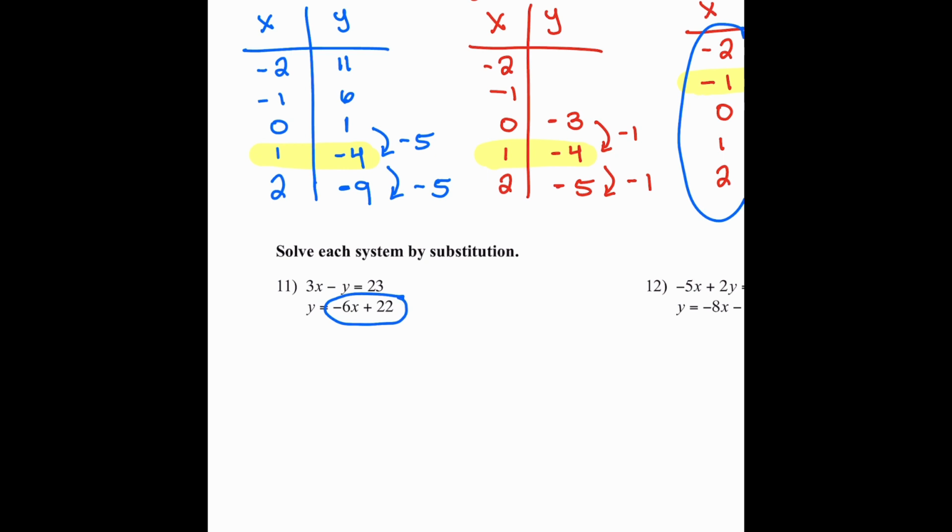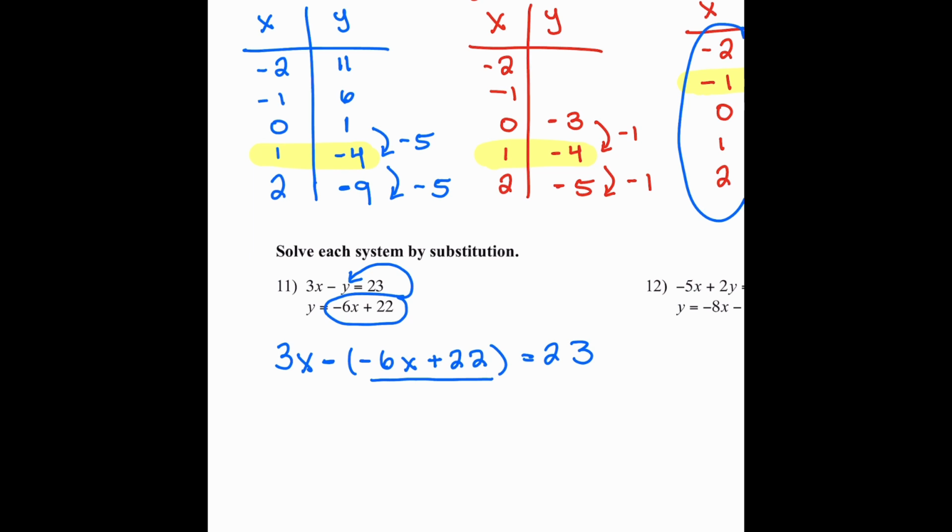And because this equals y, I'm allowed to substitute or plug in negative 6x plus 22 in for y. So I will write 3x minus the negative 6x plus 22 equals 23. So instead of writing minus y, I wrote negative 6x plus 22.